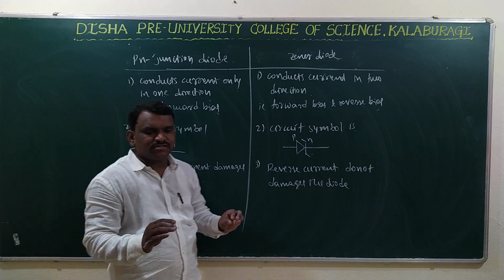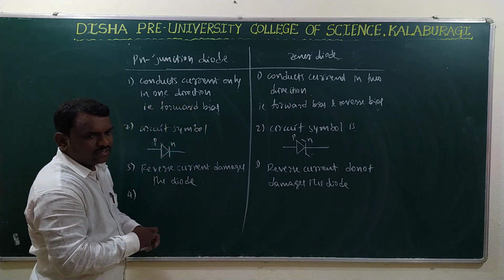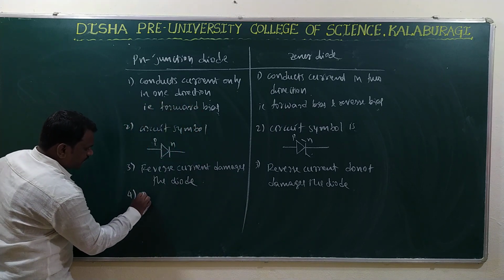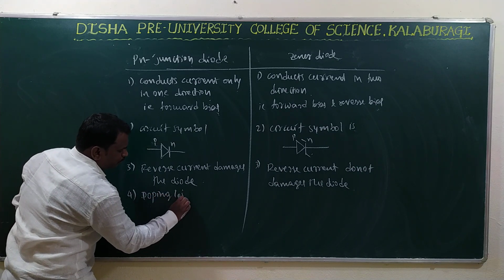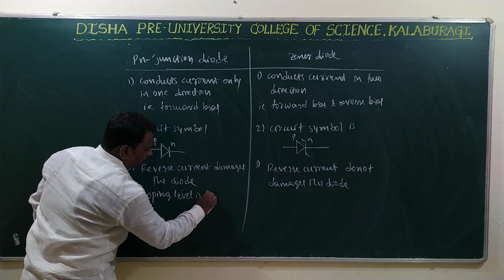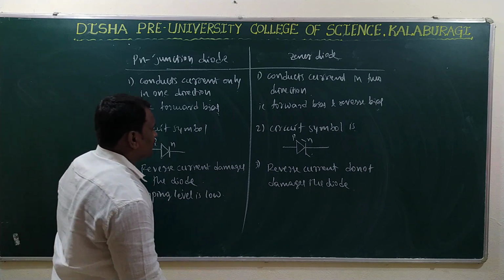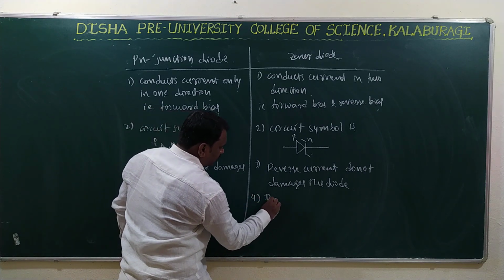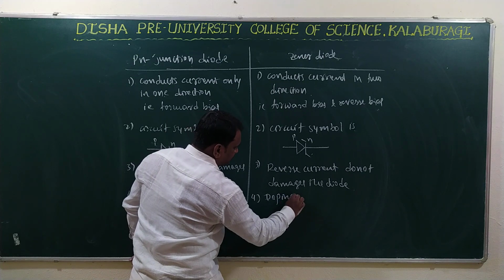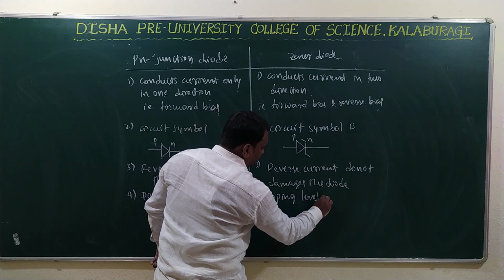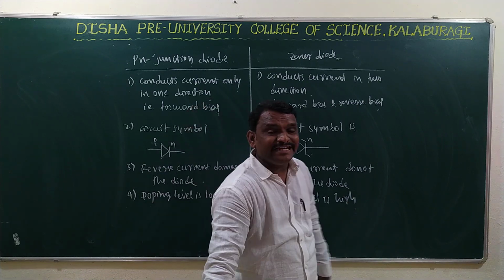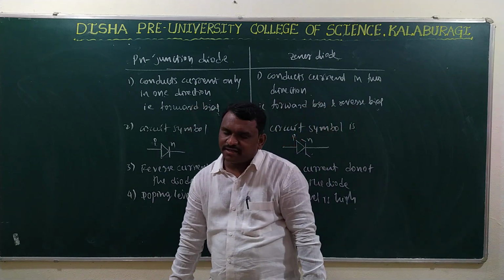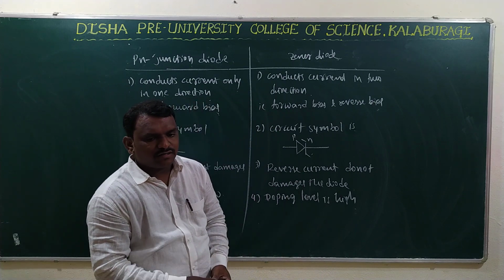The doping level is low in the PN junction diode. In the Zener diode, the doping level is very high. Zener diodes are highly doped P and N type semiconductor diodes.